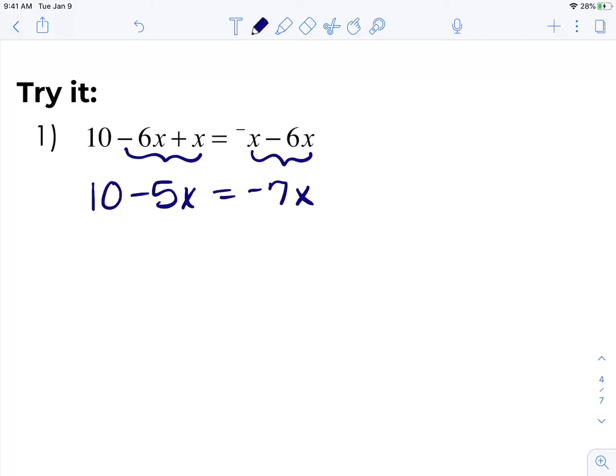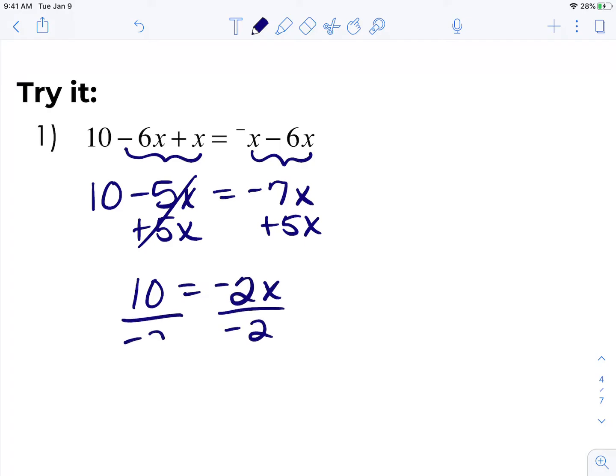Since I have only one single constant and it's here, I'm going to just leave that alone and move my variables to the other side. That leaves me with 10 equals negative 2x. Divide by negative 2, and you end up with negative 5 being equal to x.